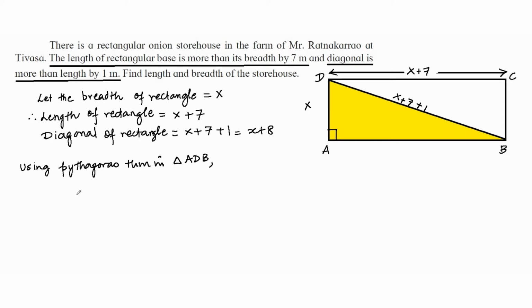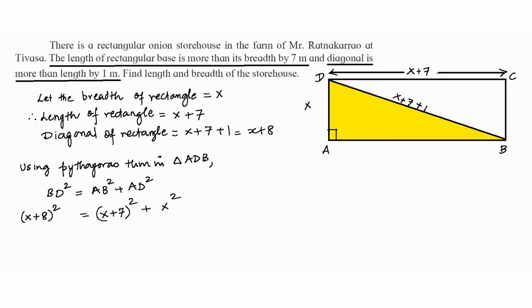So using Pythagoras theorem in triangle ADB, I can say that BD square is equal to AB square plus AD square. BD is the hypotenuse. So BD is going to be x plus 8. So it is x plus 8 the whole square is equal to AB is x plus 7, so that's x plus 7 the whole square plus AD is x square.